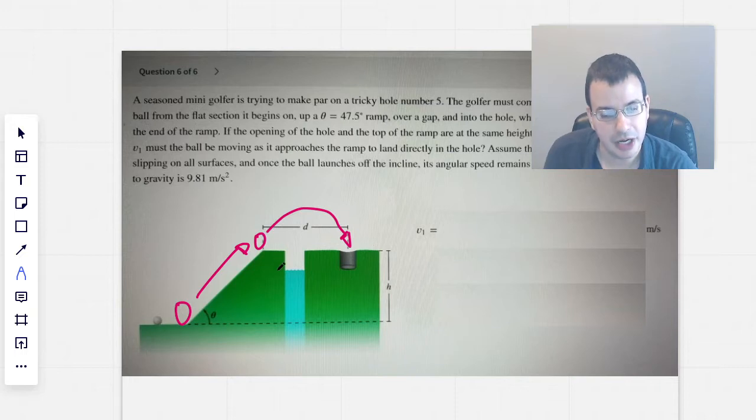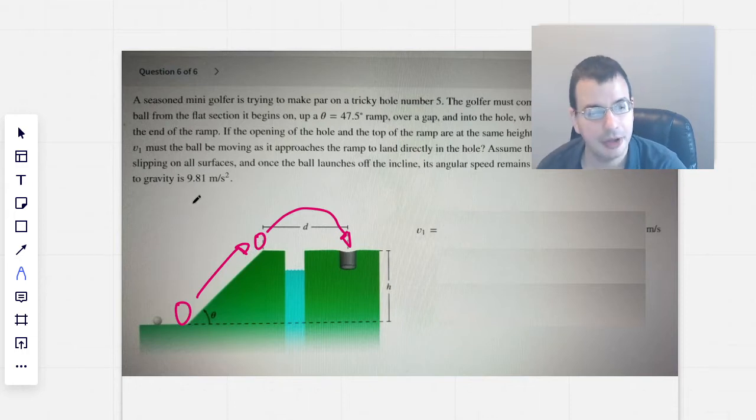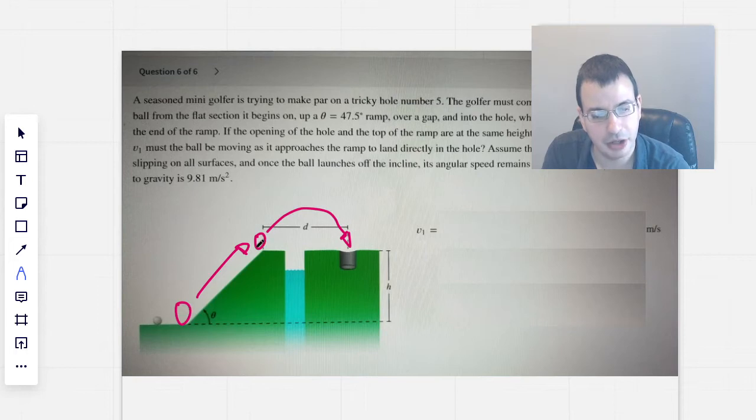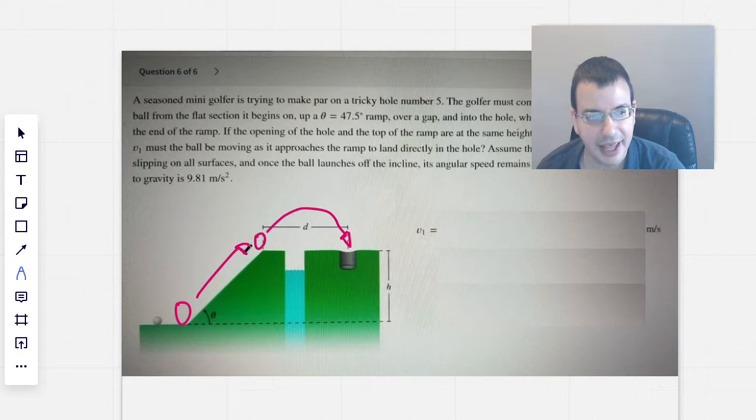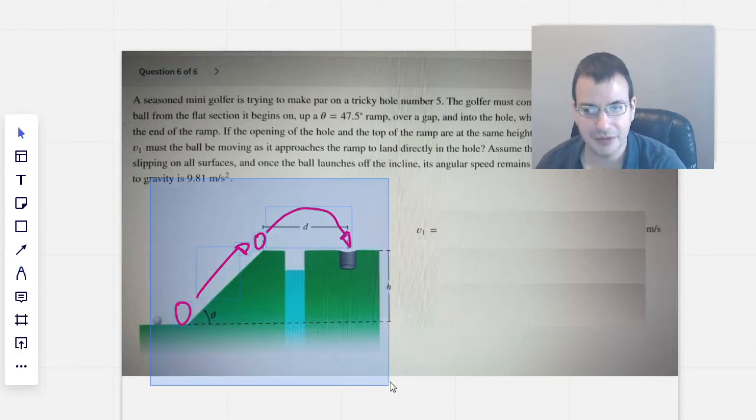And from there, I'm going to backtrack to find out how fast it has to be going at the bottom to have this amount of speed at the top. As it's rolling up the hill, it's going to have both a rotational speed and a linear speed, so we're going to have to take that into account as well.